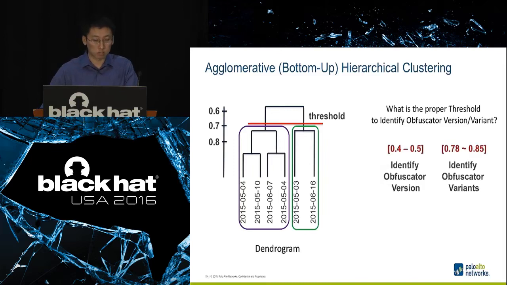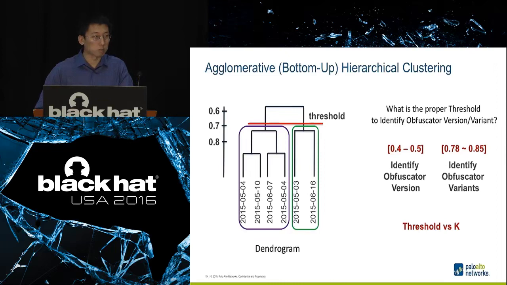Based on our evaluation, to identify the obfuscator version, the threshold should be between 0.4 and 0.5, and to identify the obfuscator variant, the threshold should be between 0.85 and 0.85.